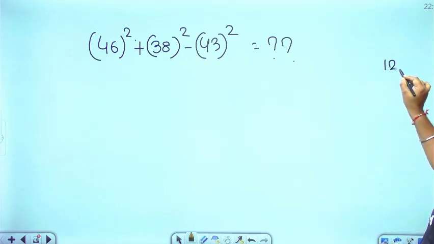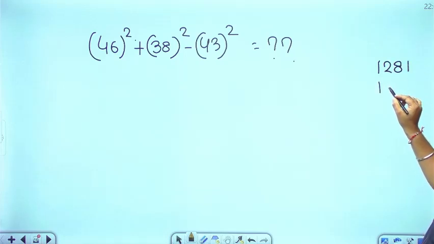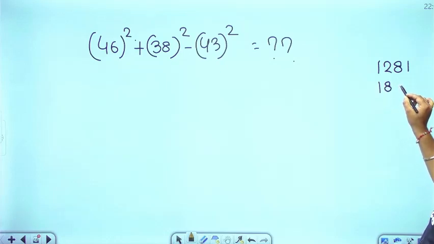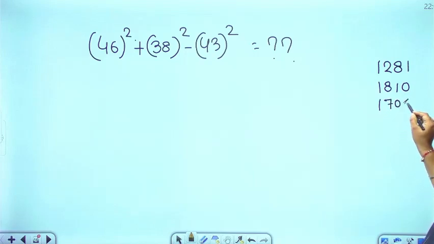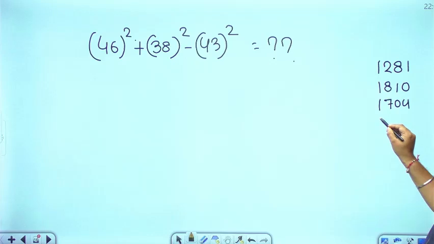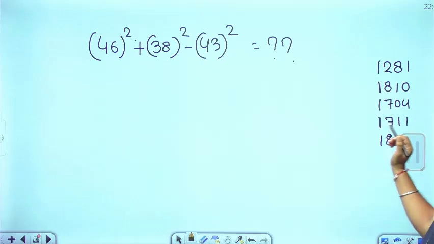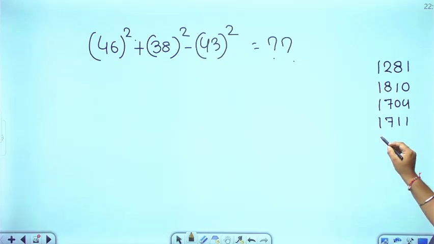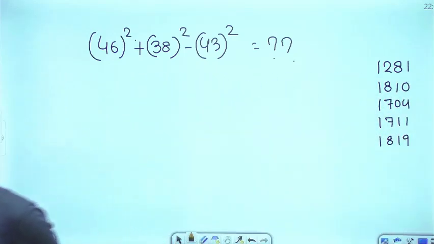Options are 1281, 128, 1810, 7041, 1711, 1818, 1819. I have given 5 complicated options.